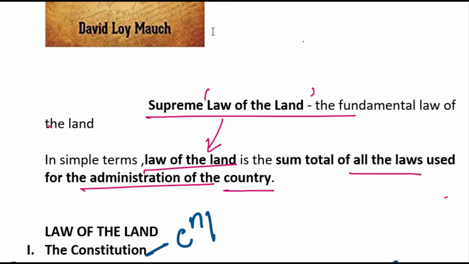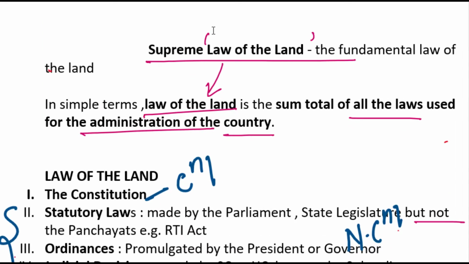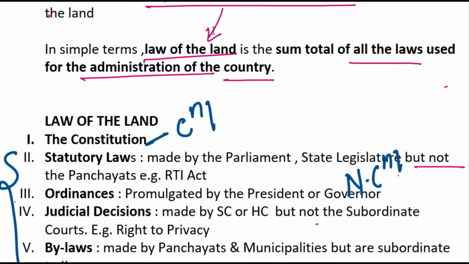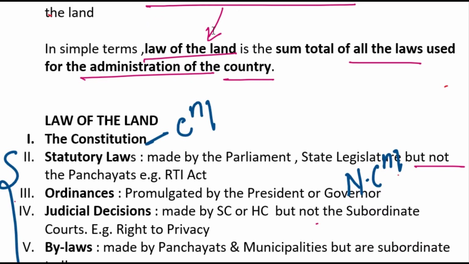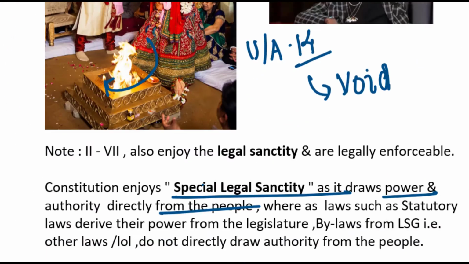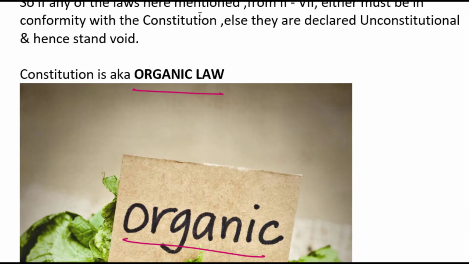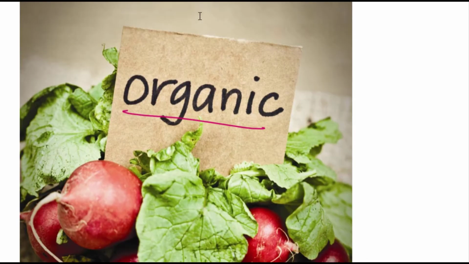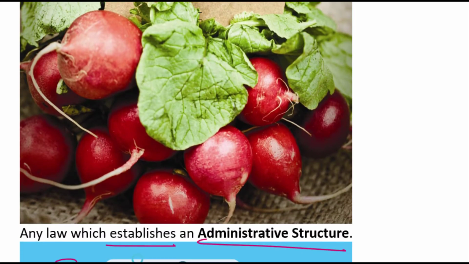All other laws must be in conformity with the Constitution, else they are declared unconstitutional and void. The laws other than the Constitution are non-constitutional laws. Non-constitutional does not mean unconstitutional. We then understood that our Constitution is also an organic law, as it establishes an administrative structure.